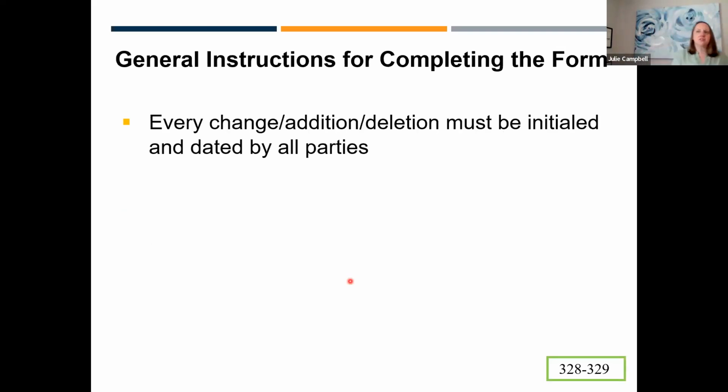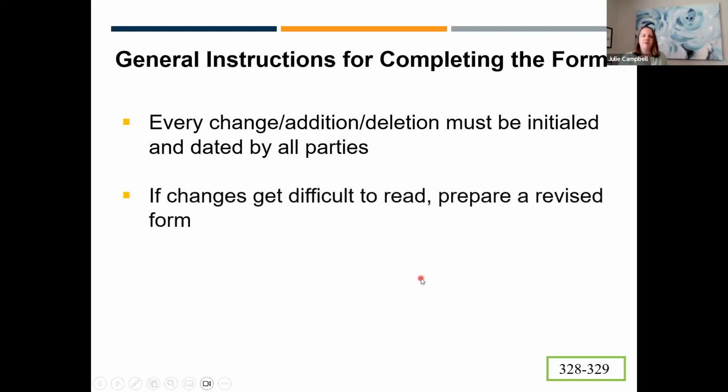Any changes, additions, deletions have to be initialed, dated, and acknowledged by all parties. If you're doing it on the form yourself, we also have an amendment form that we can use to change a contract, one form that we'll look at. If we are making changes on the paper contract, and we've initialed and dated by all parties so many times, eventually that might get difficult to read.